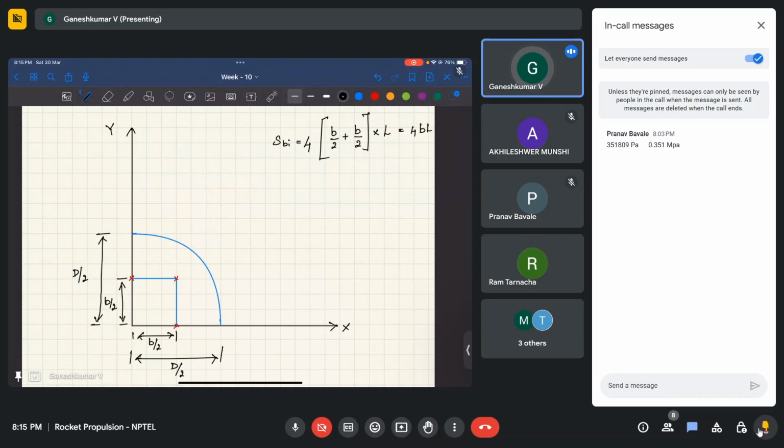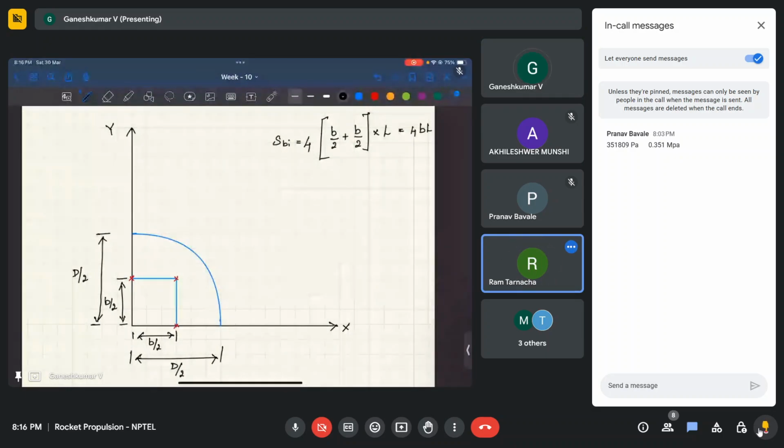Now the question is, what would be the maximum burning surface area, and when will that occur. Once the maximum burning surface area occurs, whatever burning happens after that is going to be sliver burning. The maximum burning surface area corresponds to the end of the web burning. So when is that going to happen?